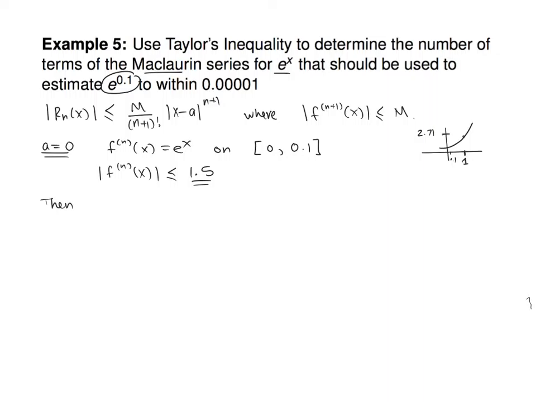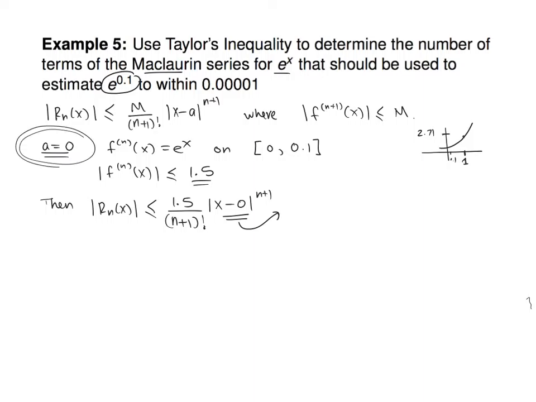Then you have Rn of x is less than or equal to 1.5 over n plus 1 factorial, and we have x minus 0 to the n plus 1. So when is this biggest?